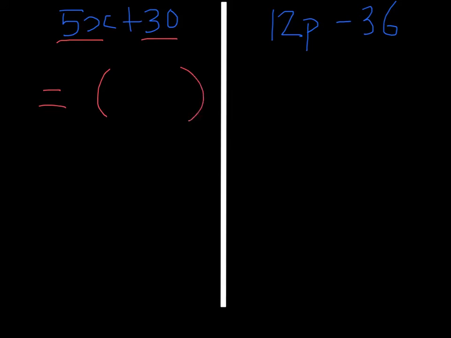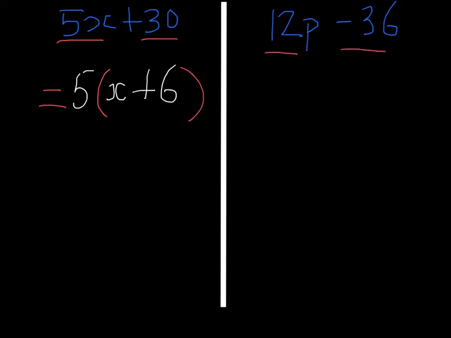If we look at 5x and 30, the highest common factor between those two is 5, because you can divide 5x by 5, giving you just x by itself, and you can divide 30 by 5, giving you positive 6. So that is our answer, just working the complete opposite direction.